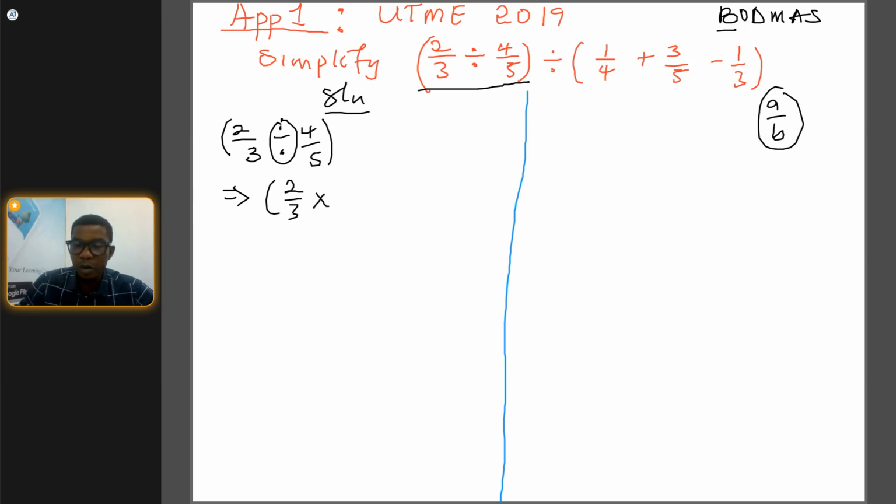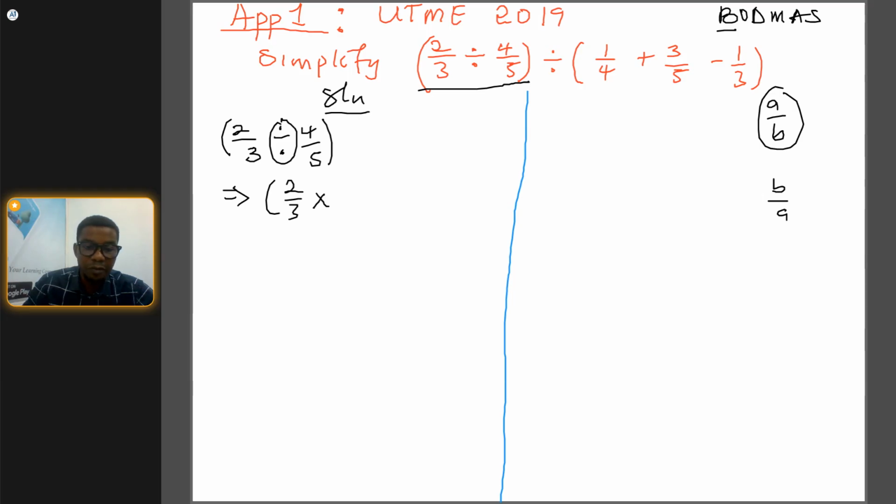The reciprocal of A/B is B/A. We interchange the numerator and the denominator. A is the numerator and B is the denominator; when we take the reciprocal, B becomes the numerator and A becomes the denominator.